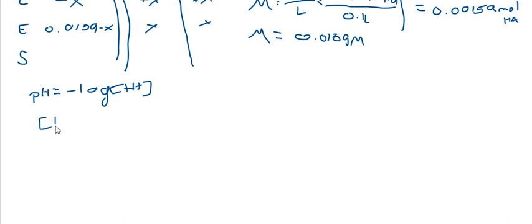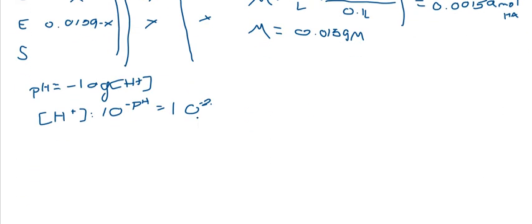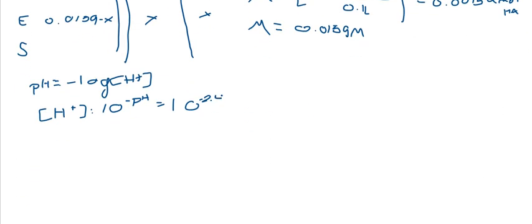Rearranging this equation, I get that the concentration of H+ is equal to 10 raised to the negative pH, which in this case is equal to 10 to the negative 2.430.